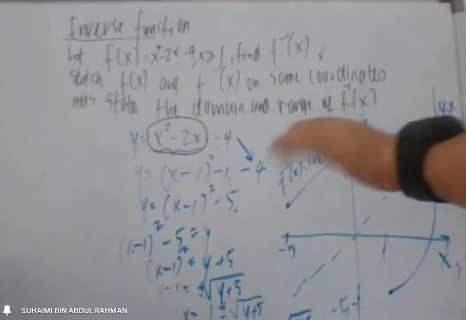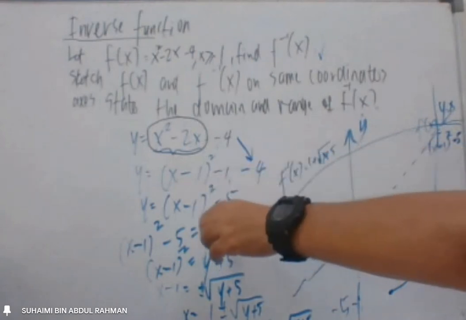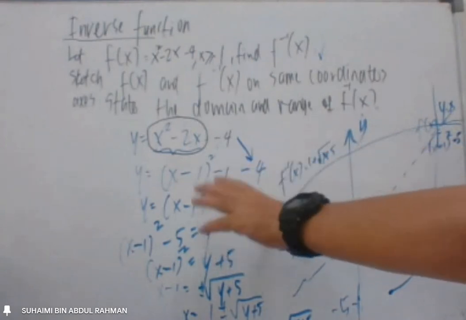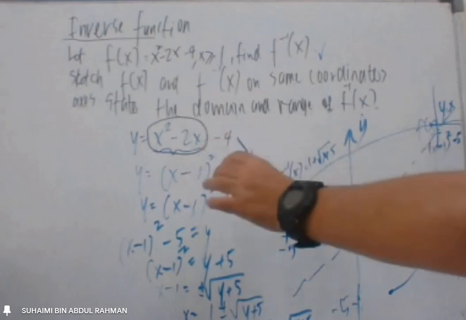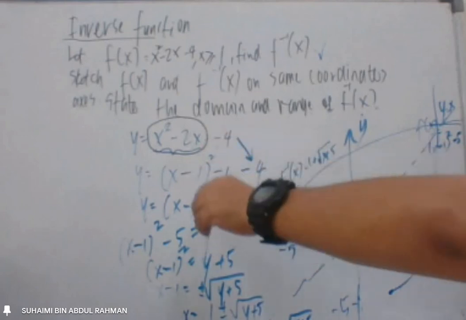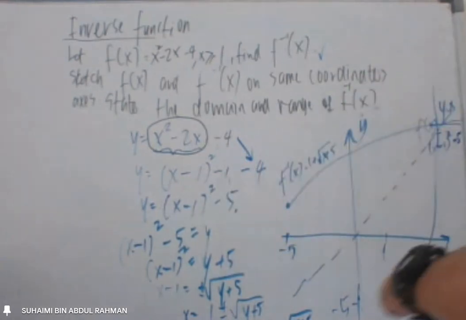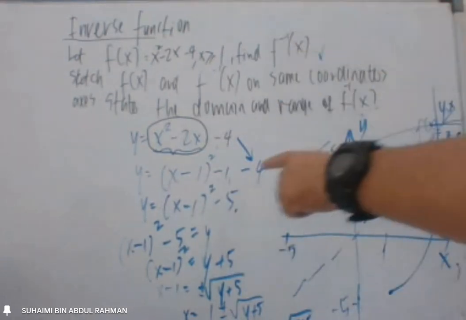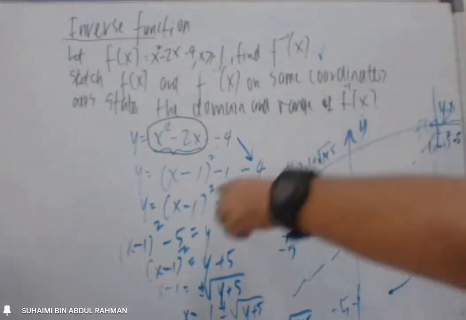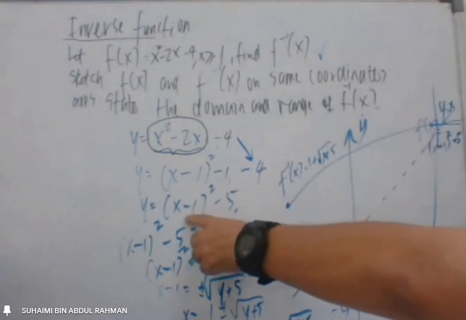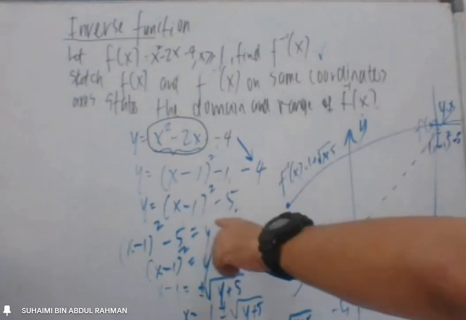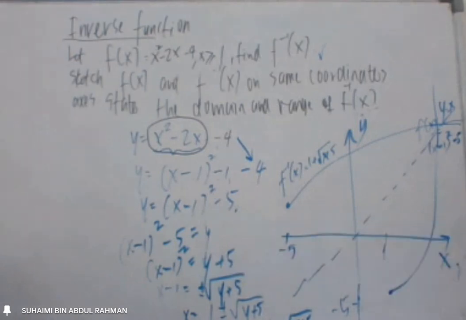So with this form, (x minus 1) squared minus 5, it's easier for us to sketch the graph because we know that the shape of the graph will be the graph of a quadratic. Either open up or down, open up. The place of the start is minus 1, right?